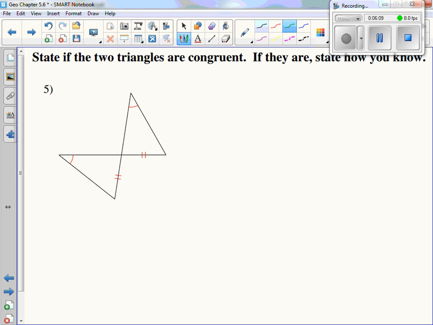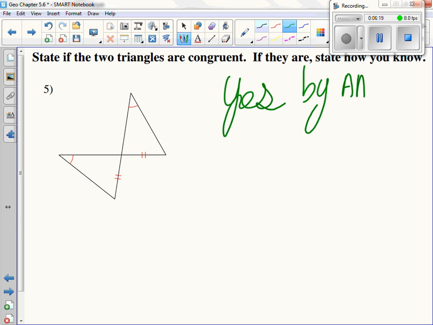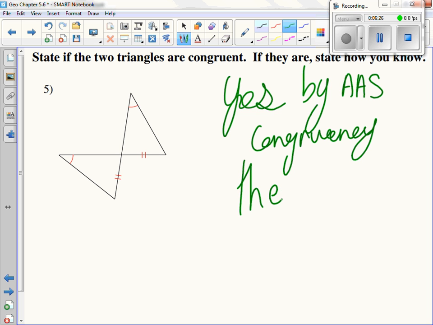How about this one here? Angle, angle, side congruency theorem. Because if we look at this here, well, we were given these angles for sure.